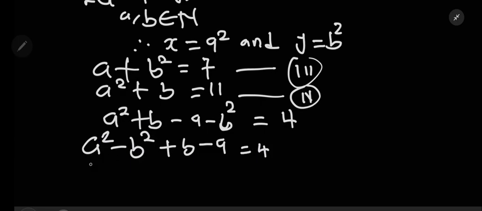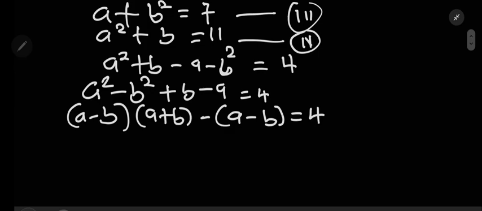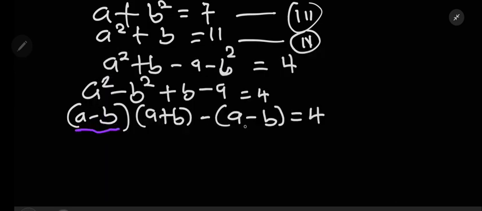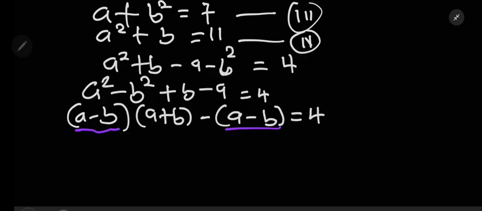And of course, a squared minus b squared is difference of two squares, and that can be written as a minus b, a plus b. And to rewrite b minus a in terms of a minus b, we just need to factorize minus out, then we have a minus b equals 4. By implication, a minus b is common, so we have a minus b here, a minus b here. So what you just need to do is to factorize that out.